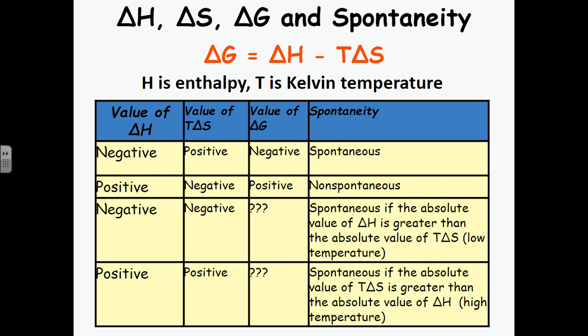So spontaneous if the absolute value of T delta S is greater than the absolute value of delta H. So at high temperatures, this is achievable when you have two positive values. Now, questions that pertain to this chart are very popular. So if I were you, this is a premier piece of information that I'm writing down and labeling in my notes.